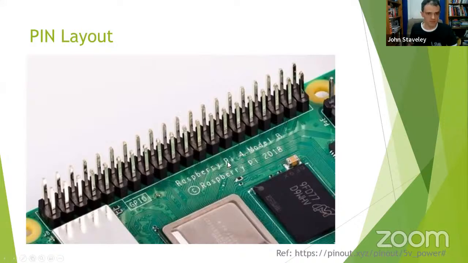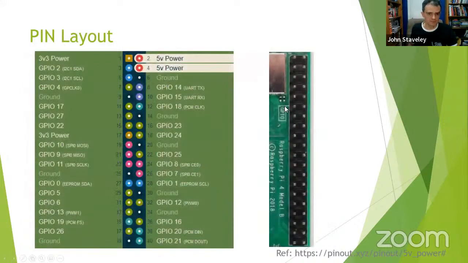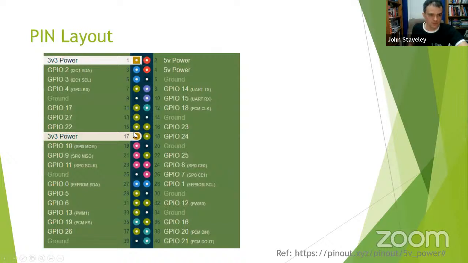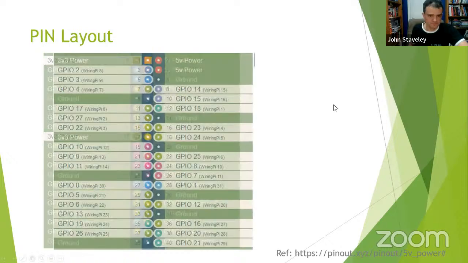And this is all about the pin layout. So all of these pins do different things. Up here, you've got two 5-volt power supplies, and then you've got two 3.3-volt power supplies. These can deliver quite a limited current, so a lot of the time, you'd use current limiting resistors to stop burning out the board.